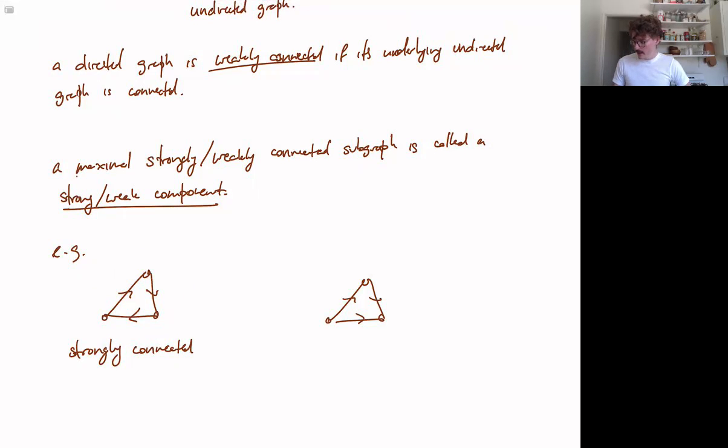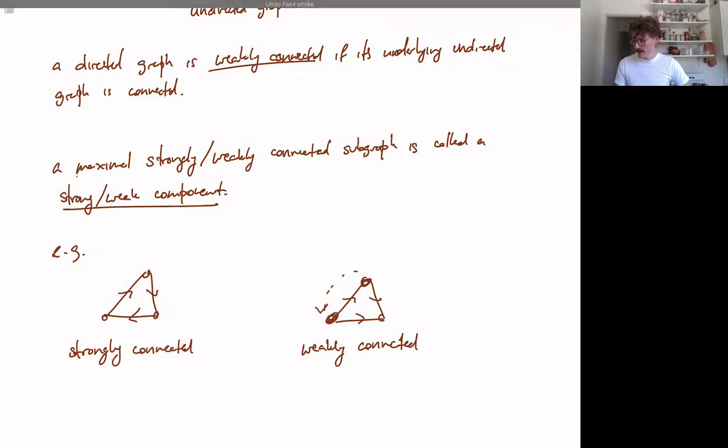This graph, on the other hand, is weakly connected. It is not strongly connected. Because, for example, you can get from this vertex to this vertex by going along that edge, but there is no way to go back the other direction because this edge is in the wrong direction, and this edge is also in the wrong direction.